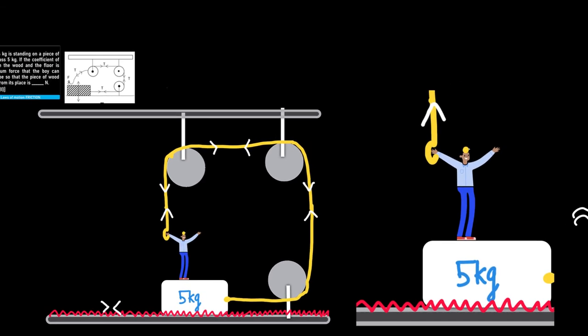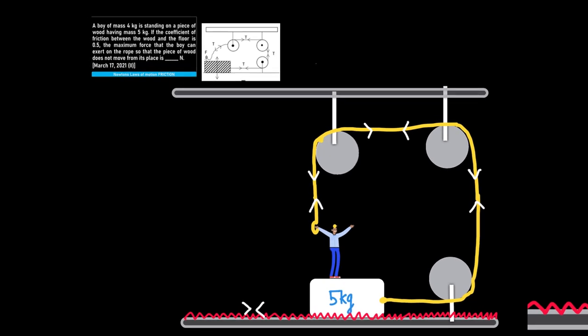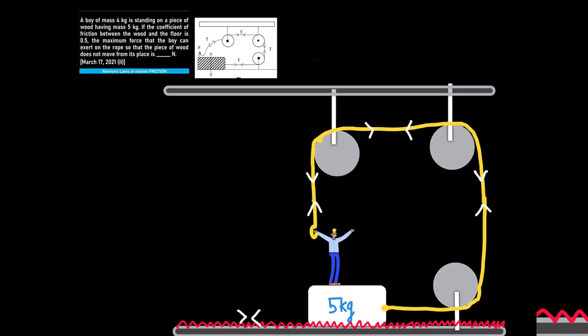So for that, let's try to visualize this given scenario one more time. So we have a man whose mass is 4 kilogram standing on a 5 kilogram mass. The friction here is represented by the coefficient of friction 0.5. The man is pulling this rope down.